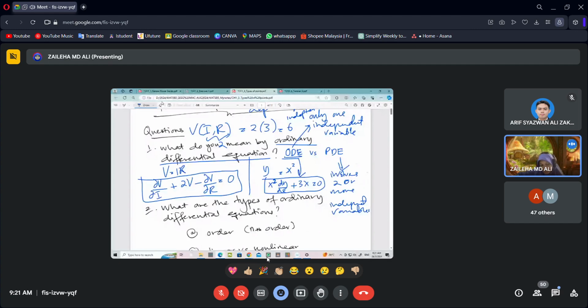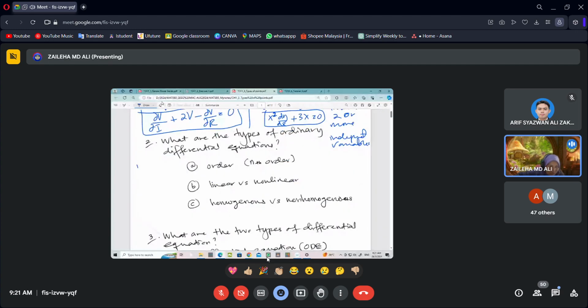Whenever we have derivative in an equation, okay, together with the dependent variable, inilah dinamakan partial differential. Kenapa partial? Sebab when we have V equals to IR, when we want to differentiate, kita boleh differentiate with respect to current, kita boleh differentiate with respect to resistance.